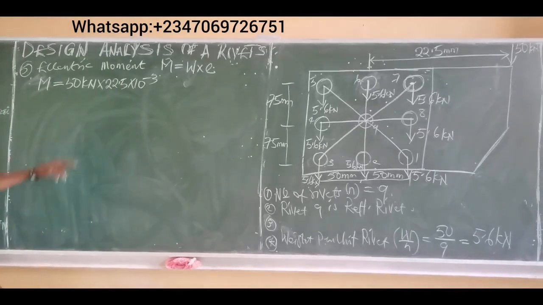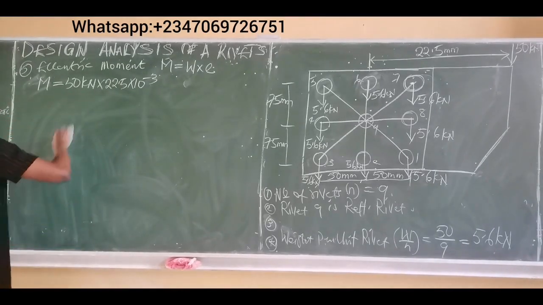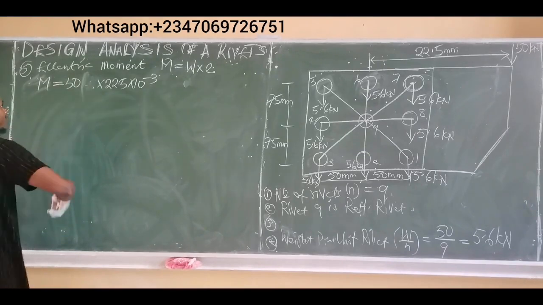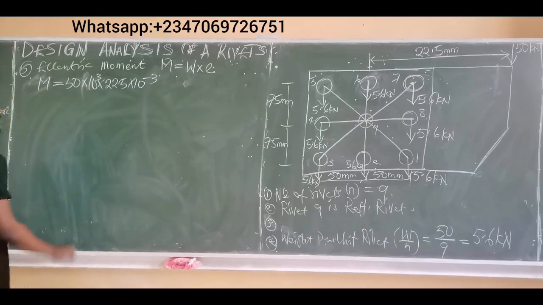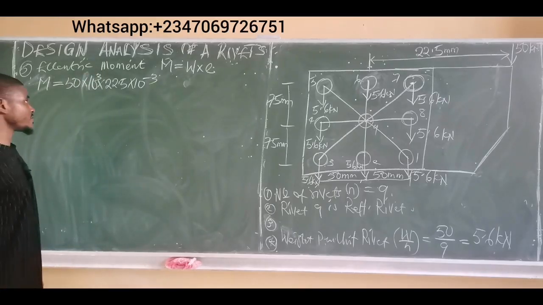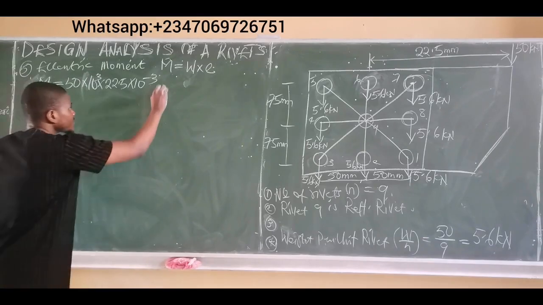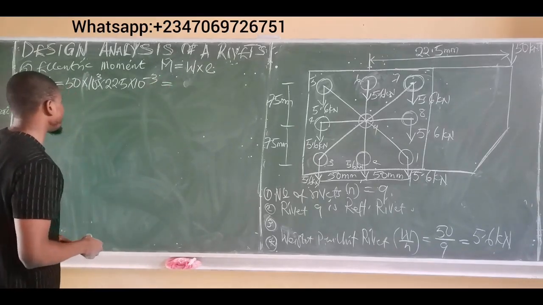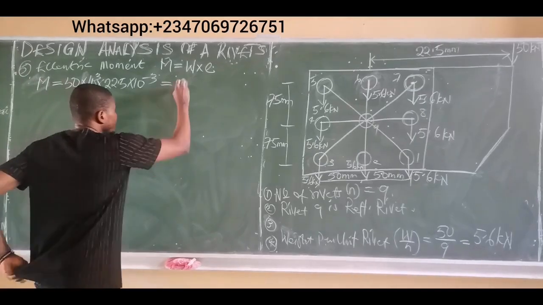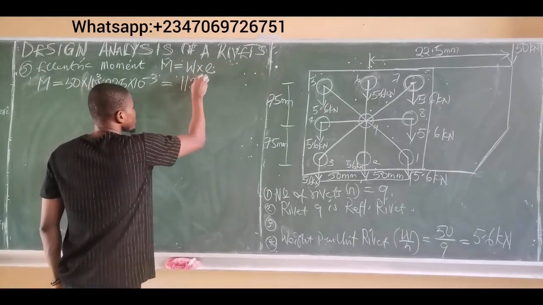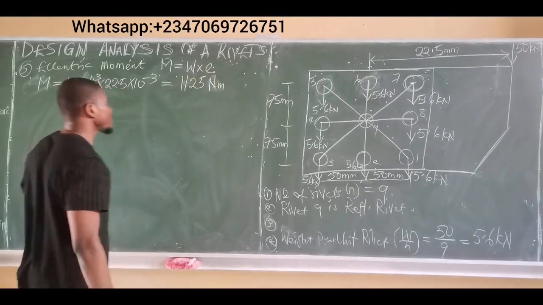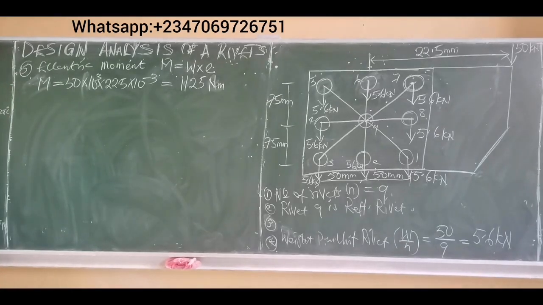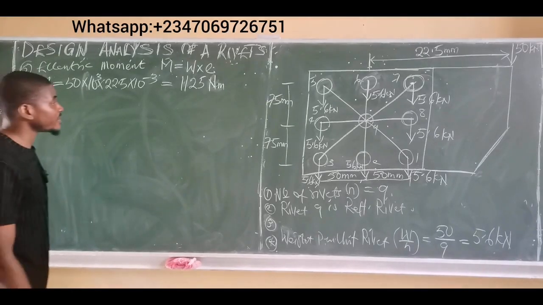And not forgetting, kilo simply means 10 to the power of 3, so let's convert all at once. This becomes 50 by 10 to the power of 3, multiplied by 22.5 by 10 to the power of minus 3. Let's obtain the eccentric moment. That simply gives us 1125 newton meters. So this becomes the eccentric moment.